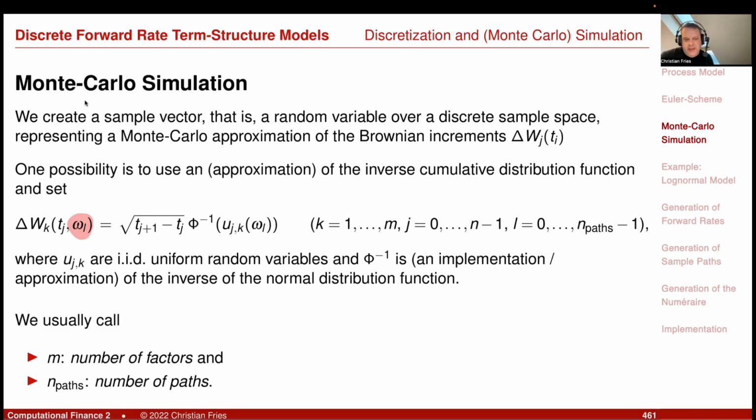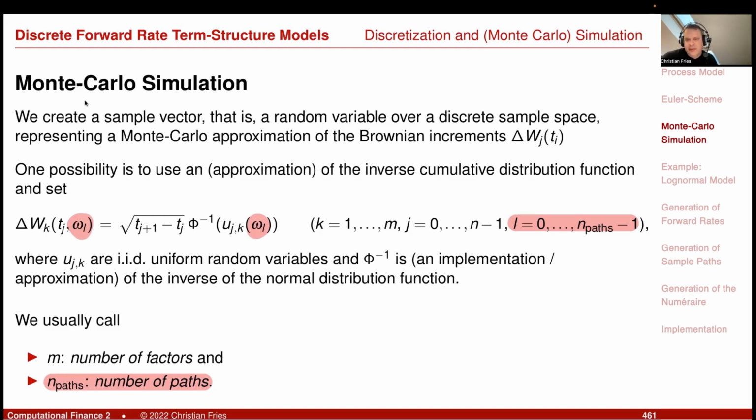And I would like to now sample this on different omegas, omega_l, where l runs, say, from 0. Okay, I'm a programmer. I often start counting in 0, not always, to the number of sample paths minus 1.